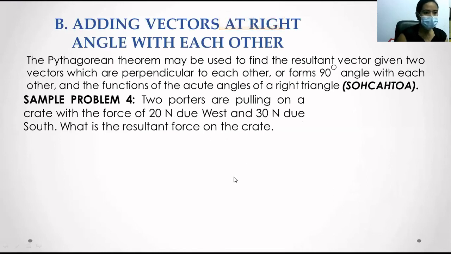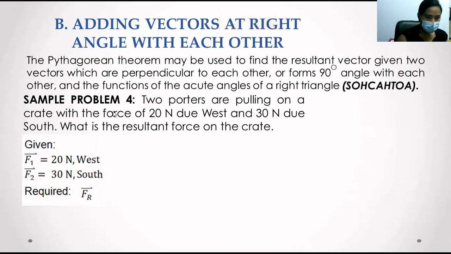Let's now have sample problem number 4. Two porters are pulling a crate with the force of 20 newtons due west and 30 newtons due south. What is the resultant force on the crate?